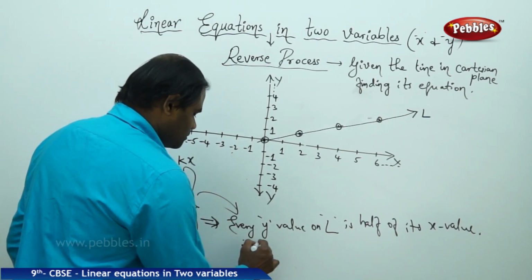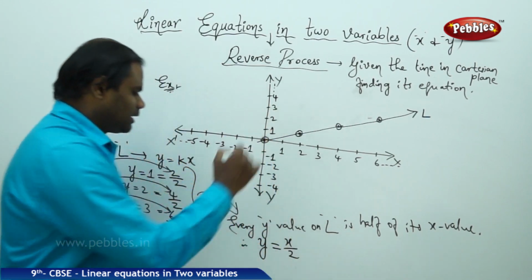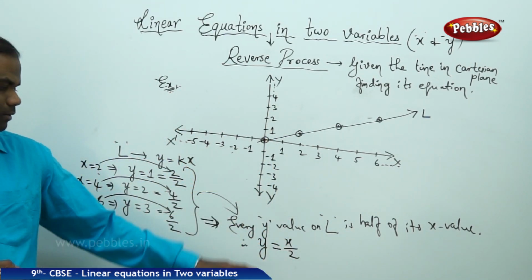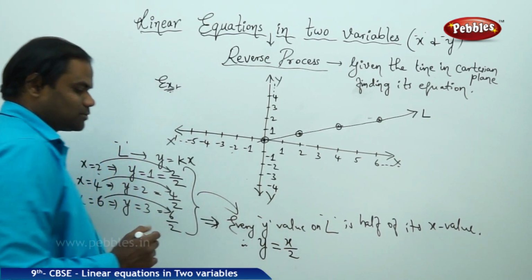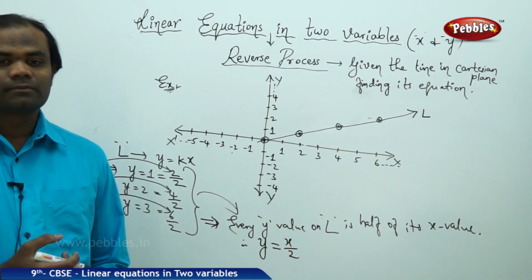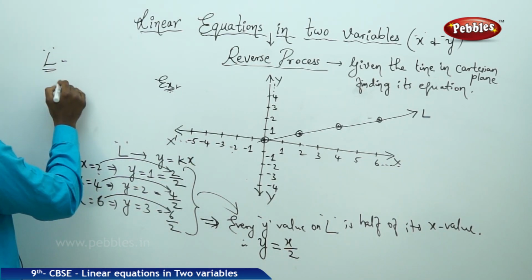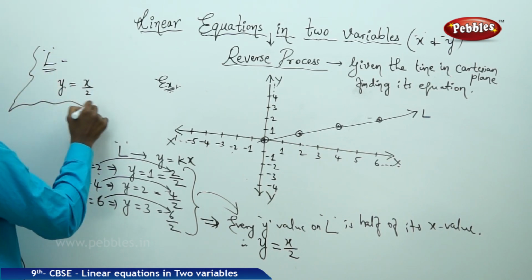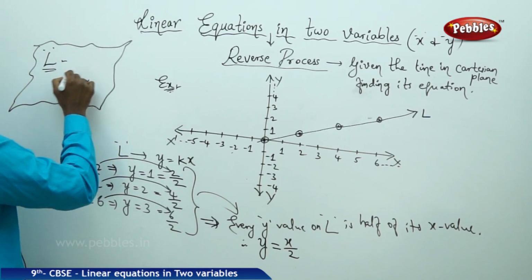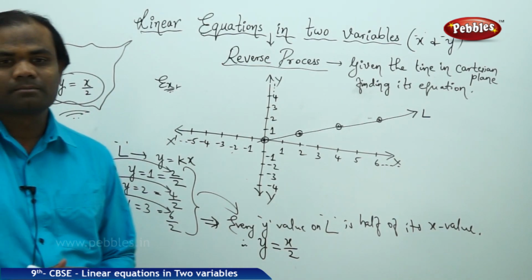Therefore, every y mathematically is half of x, is how I identify. Therefore, I got an equation which is y equals x by 2. Therefore, the equation of line L is y equals x by 2, is how I understand.